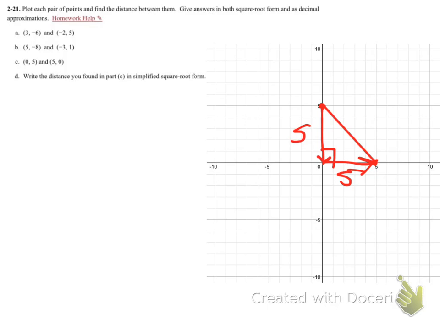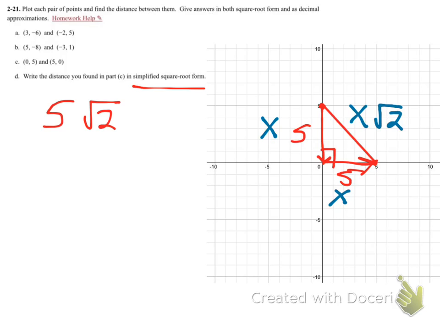That was one of our special right triangles that had a ratio of x, x, and x square roots of 2. So if you remember that from geometry class, that means that the hypotenuse here would be 5 square roots of 2. And that would be in simplified square root form.